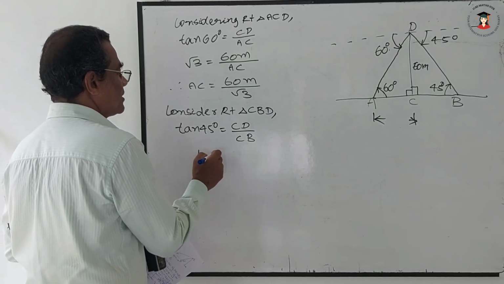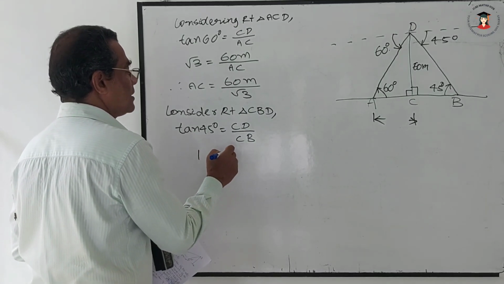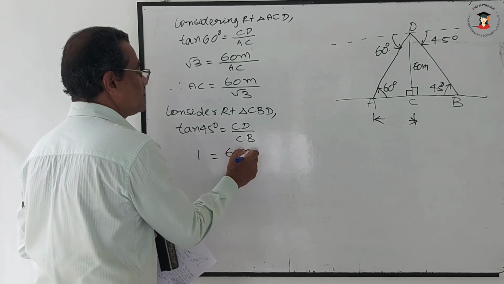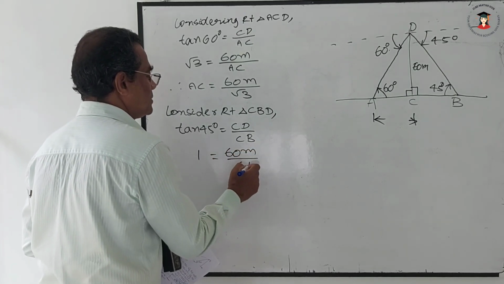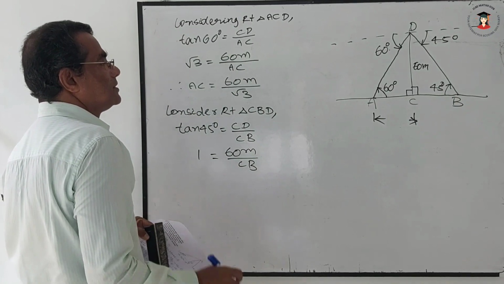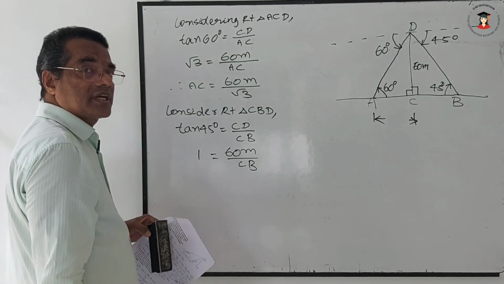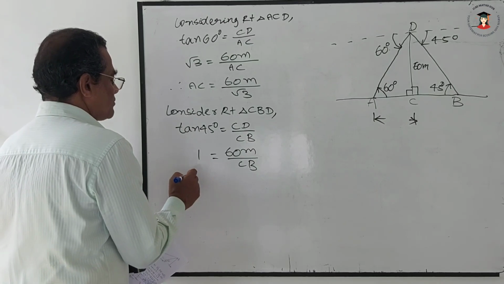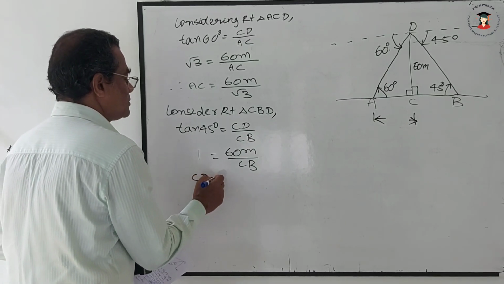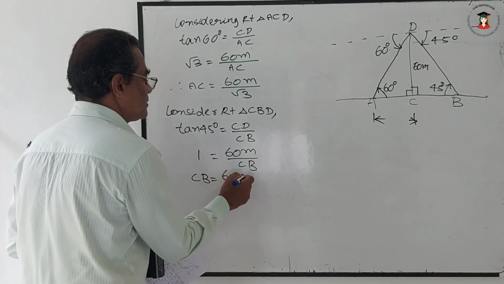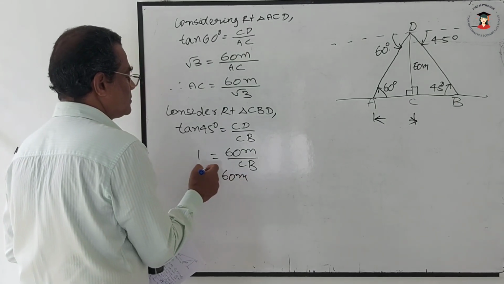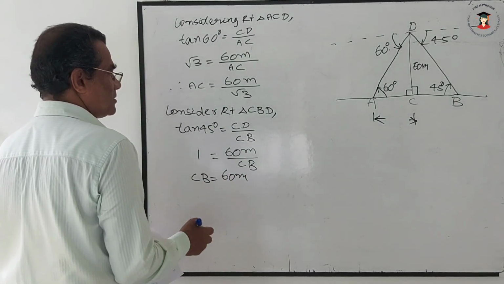Tan 45 is 1, CD is 60 meter and CB is the horizontal distance with respect to the second triangle. Therefore, CB equal to 60 meter by 1, that is 60 meter.